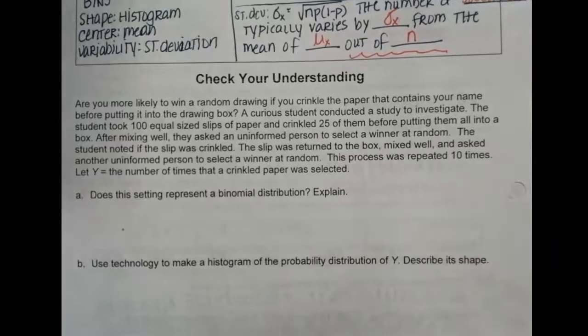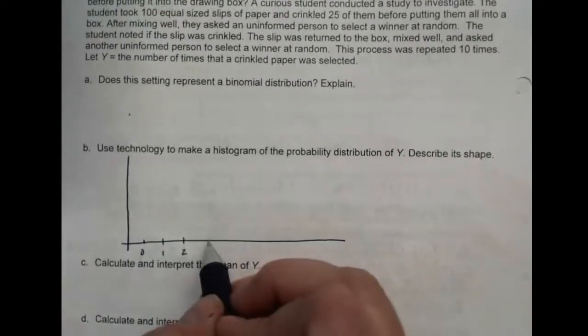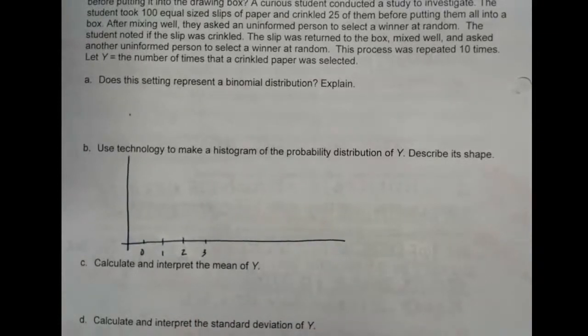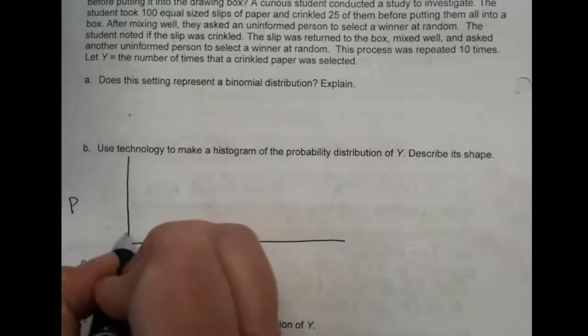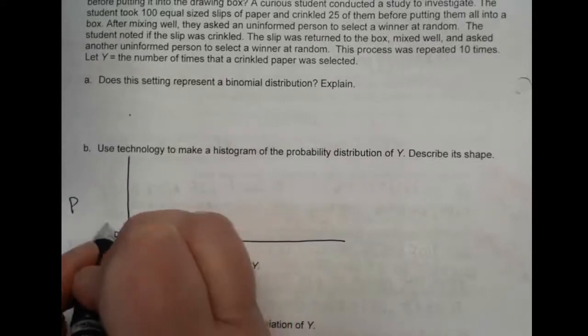So when we make this, our X's are 0. We could have 0 slips, 1 slip, 2 slips. You're going to want to go all the way up to 10. Now on the side you're going to have your probability. I usually count by 5s if I can.